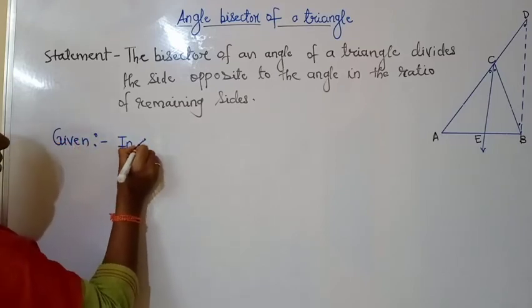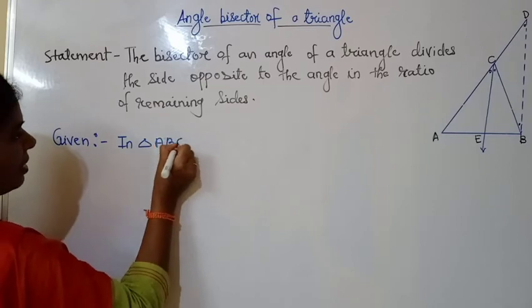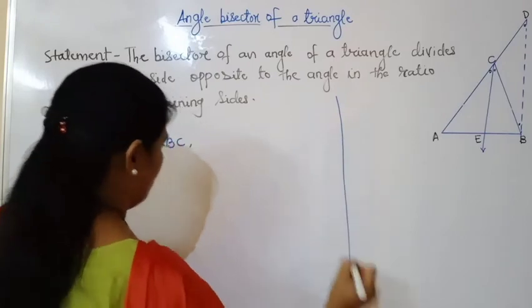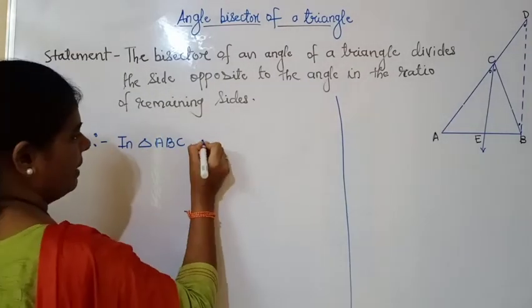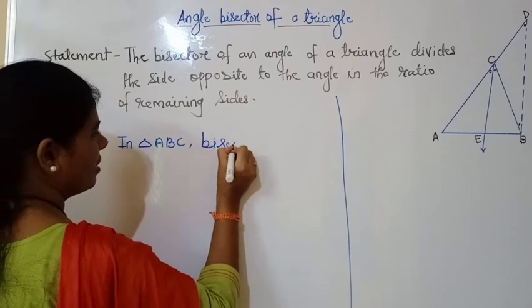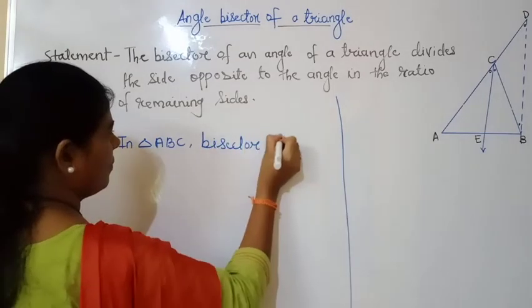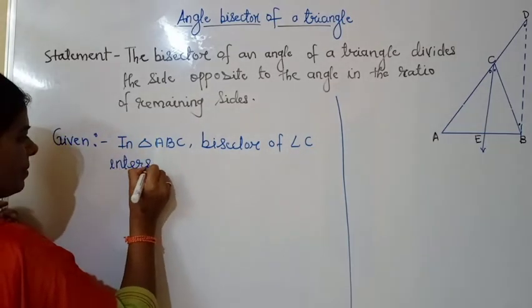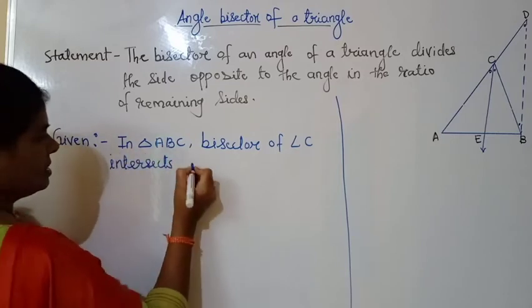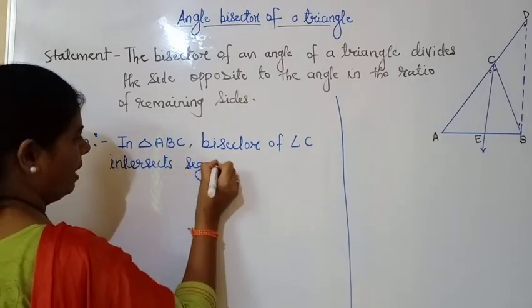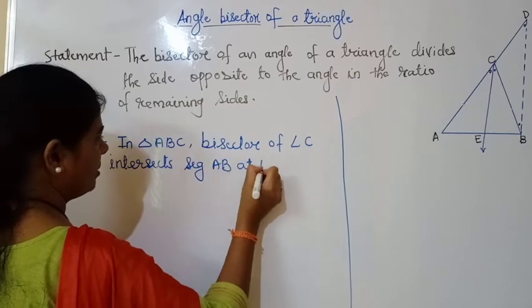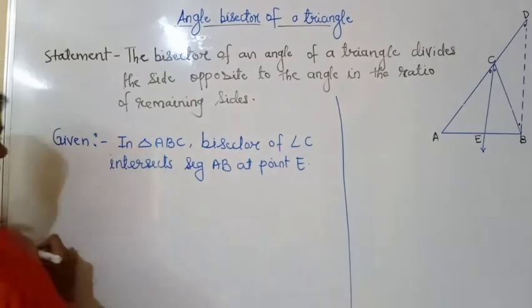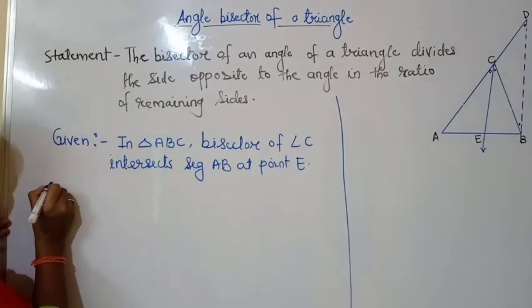In triangle ABC, the bisector of angle C intersects side AB at point E. This is given. Now we will write what is to prove.